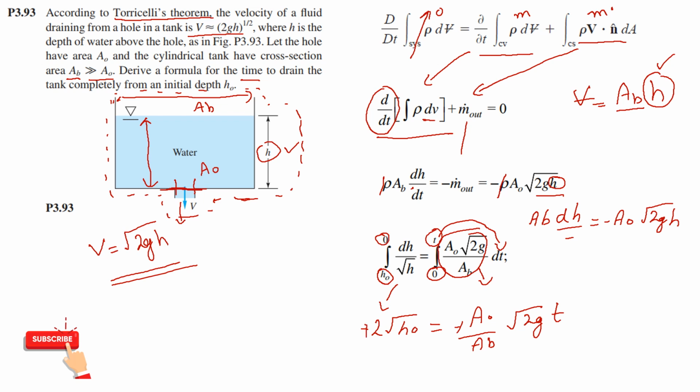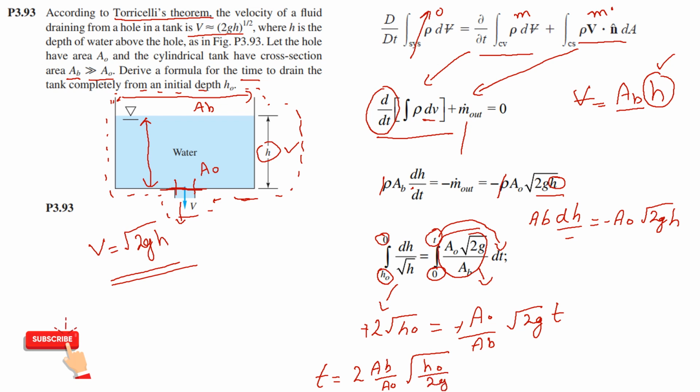This minus sign will cancel out, and now we can arrange this equation for our time t, that is the required equation. So our time t is equal to 2 ab over a naught, under root h naught over 2g.